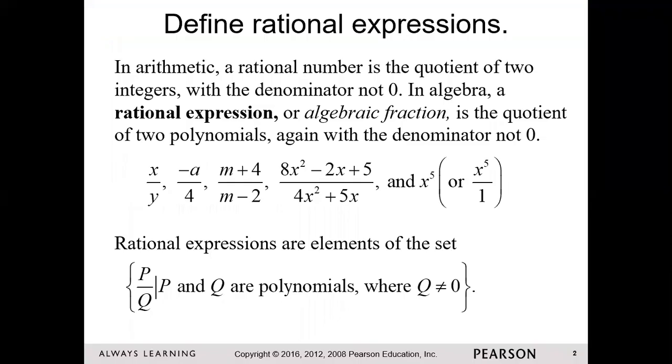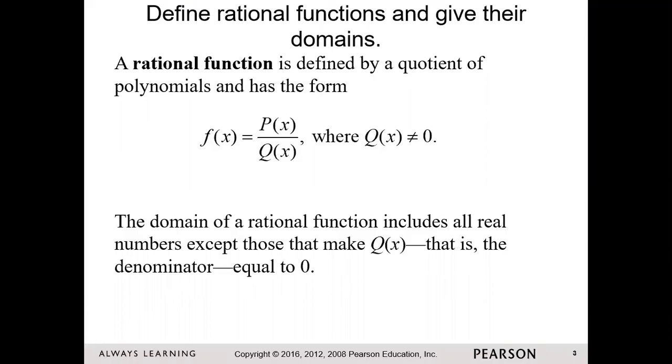So let's begin. So we're going to talk about rational expressions in this chapter. This is about simplifying rational expressions, multiplying rational expressions, dividing rational expressions. Everything is about rational expressions. So if you remember the last time we talked about rational functions, one of the things that we talked about was that the denominator cannot be equal to 0.